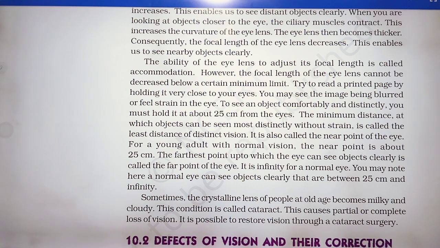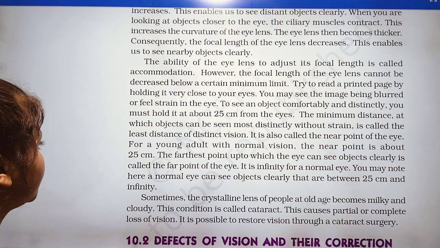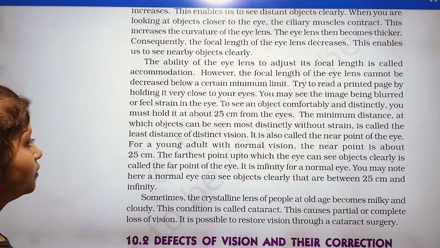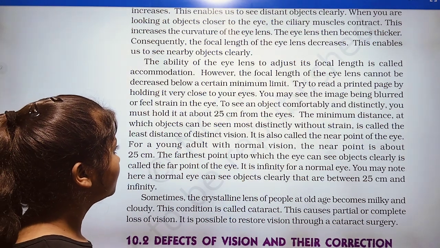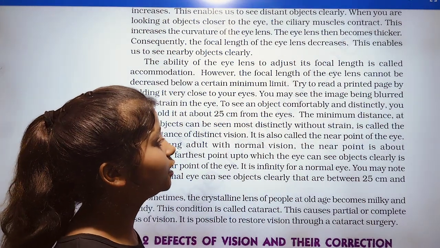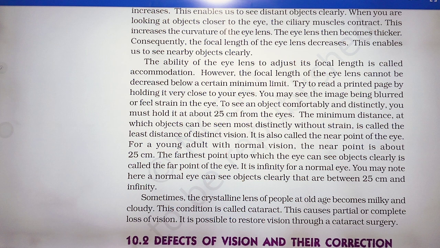For a young adult with normal vision, the near point is about 25 centimeter, and the farthest point at which they can see objects clearly is infinity.